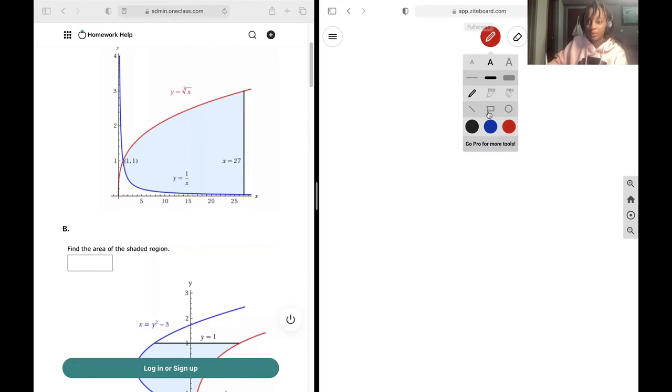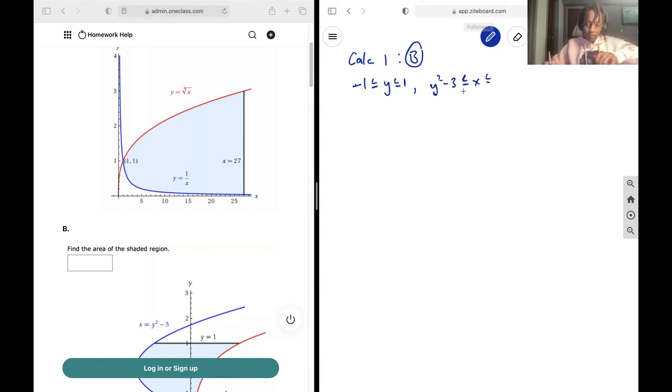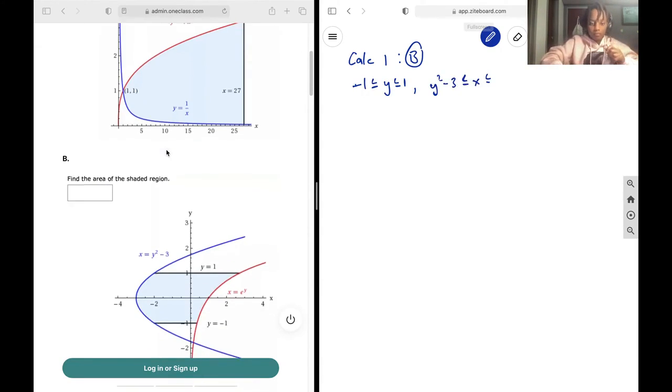Next up, we're going to be doing part B using both. So start with the calculus 1 method of B. We're going to be using the left and right one. And so we know that y is bounded by -1 and 1, and x is bounded by y squared minus 3 and e to the power of y.